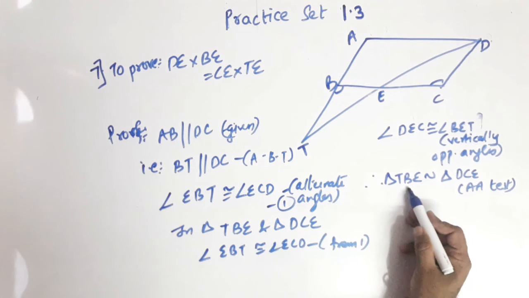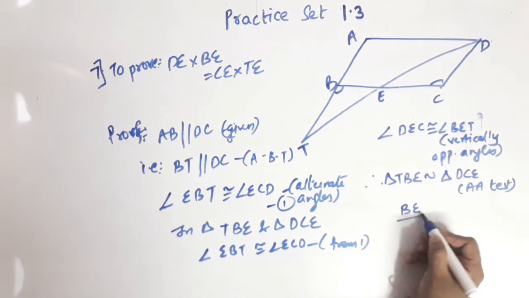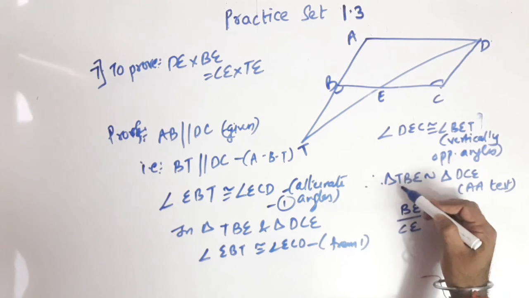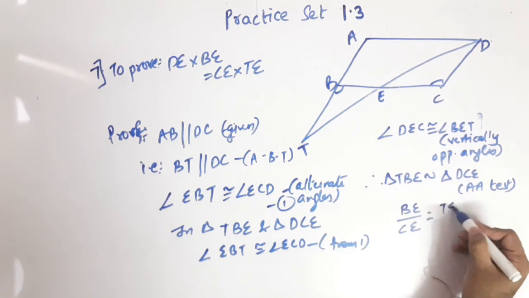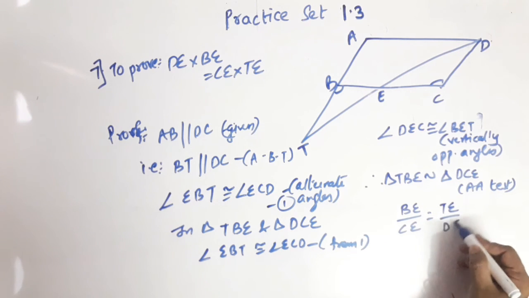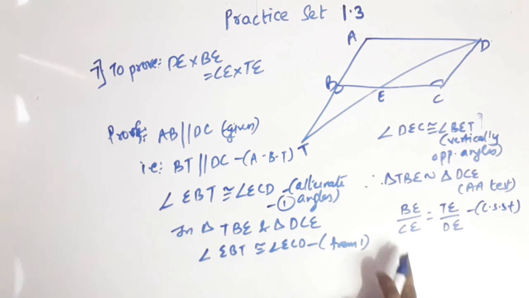Now we will write what we want. CSST. TB we don't want, so I'll write BE upon CE equals, first and third, TE upon DE. I'll write this as CSST. How to reach there?